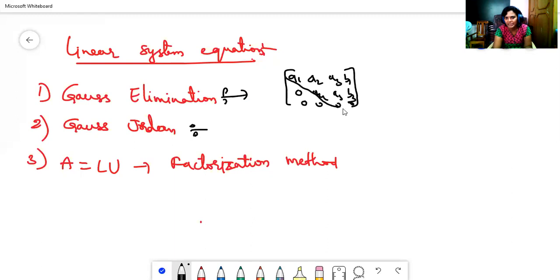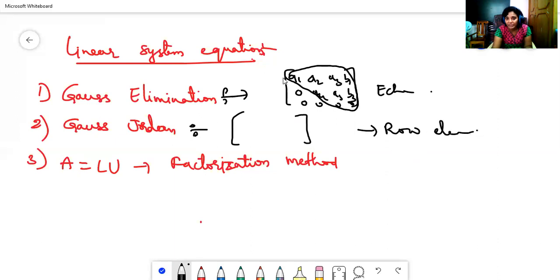This is called the Gauss elimination method. Simply remember echelon form: reduce to echelon form, that is Gauss elimination. Gauss-Jordan means reduce to normal form, but in both methods we use only elementary row operations.